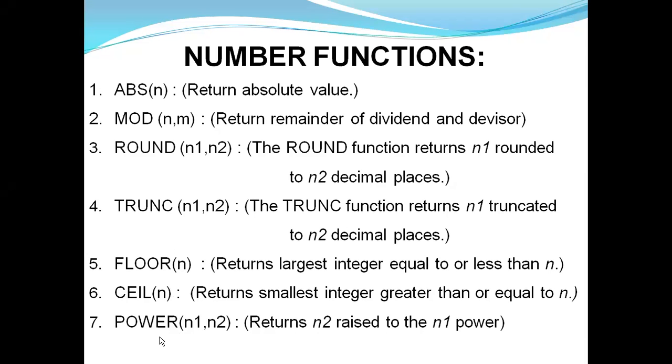Then after ceil, we have power. Everybody knows the power? 2 raised to 2 is power. So it returns the power value, or you can say it returns the raised value. 2 to the 3 is 2 into 2 into 2. That's the power. So it accepts two expressions. First, a value, and then what it is raised to. Let's take an example also, so it will be easy to understand.